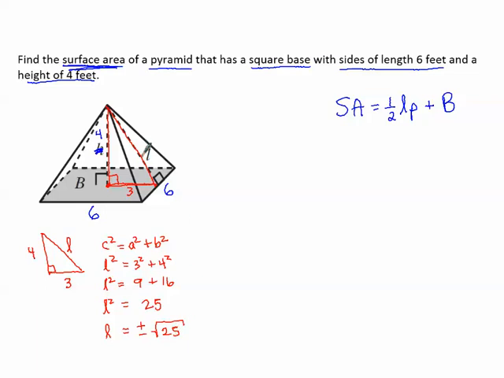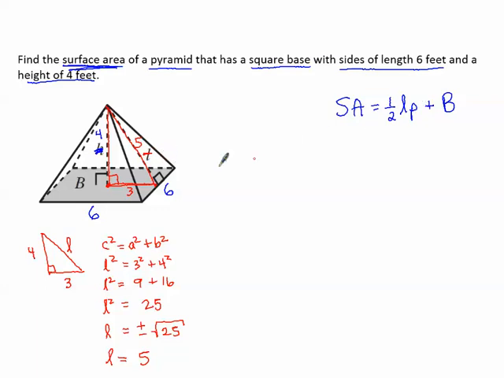But because this is a length, we're only going to take the positive answer. Square root of 25 does come out to a whole number, so I'll write it as positive 5. So we found the slant height, the L. Now we know that it's 5.